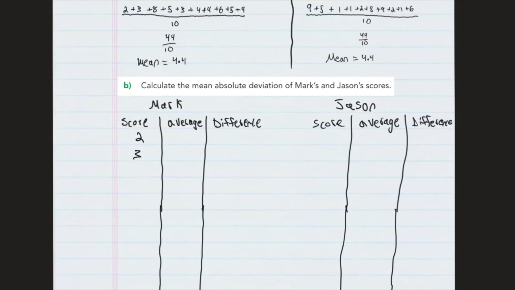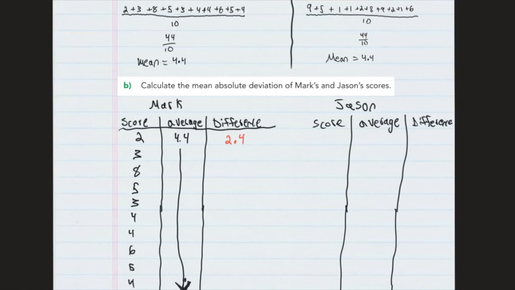So 2, 3, 8, and this is Mark, so 2, 3, 8, 5, 3, 4, 4, 6, 5, and 4. Right? The average for Mark and Jason both were, sorry, not 11.4, 4.4. And that was all the way through. And then the difference that we would do is we would take the larger number, subtract the smaller number, and we'd get, for this one, 2.4.